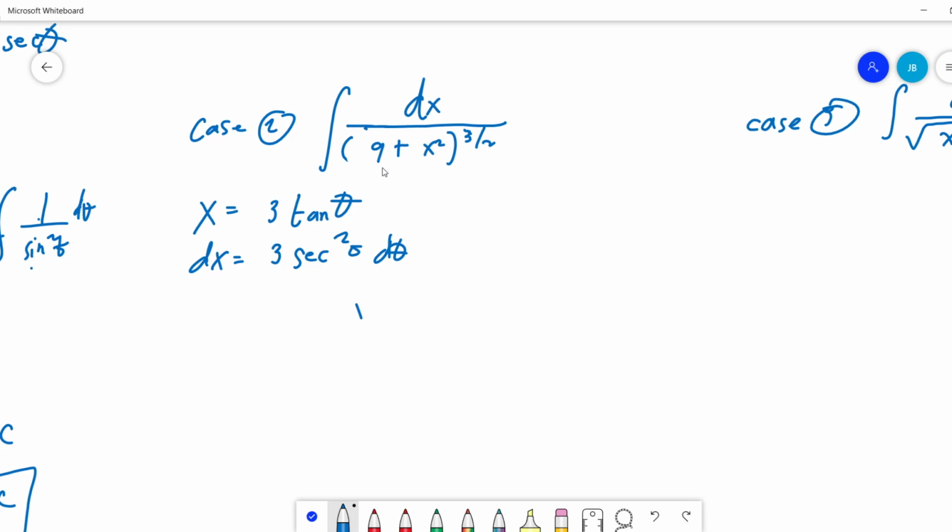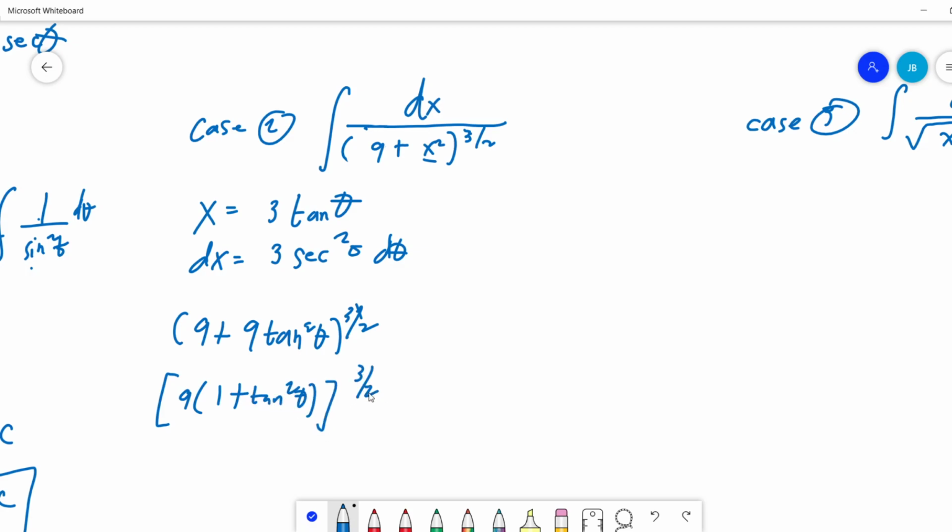Okay? So we have to simplify this one as well. This 9 plus x squared raised to 3 halves. So that would be 9 plus, what is the value of your x squared? That is 3 squared tan squared theta. Therefore, that is 9 tan squared theta, raised to 3 over 2. Now let's simplify. That's 9 times 1 plus tan squared theta raised to 3 halves.